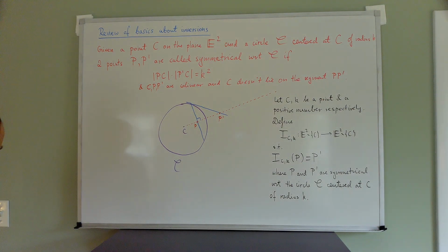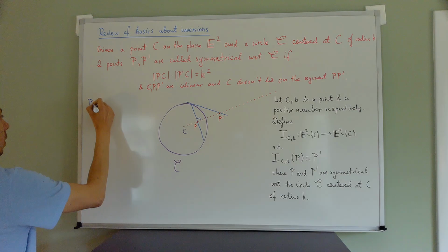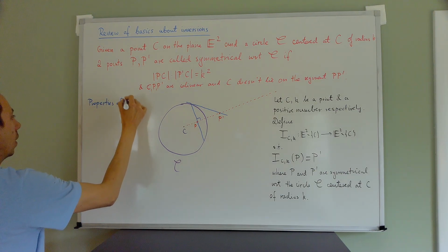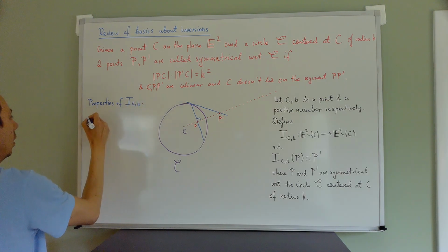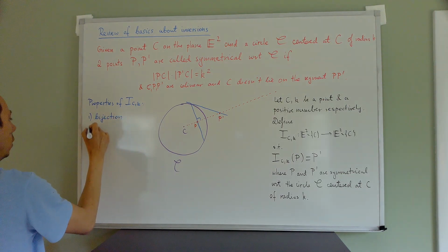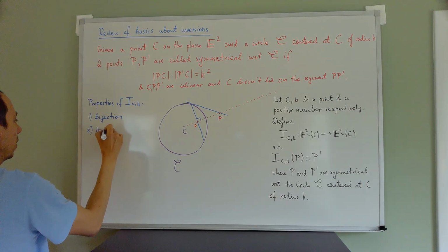So some properties of this map I_{C,K} are the following. One, it's a bijection. Two, it is its own inverse.